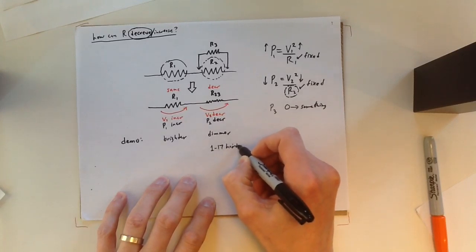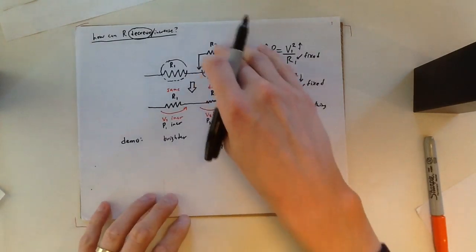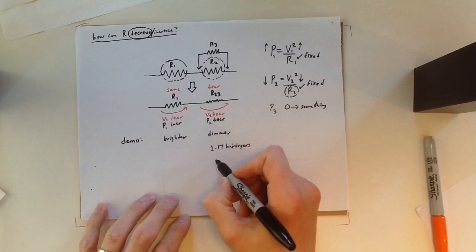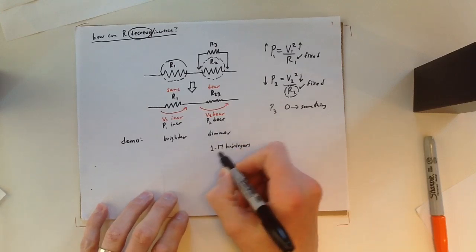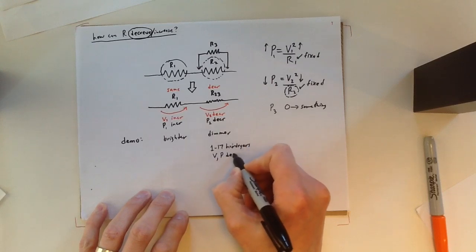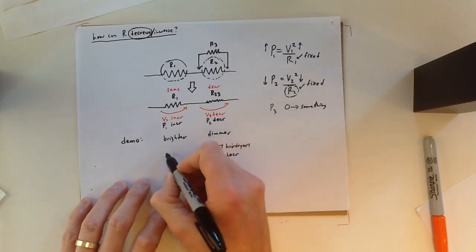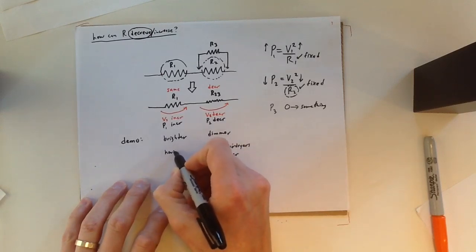You're plugging a bunch of hair dryers into a power strip. They're all in parallel, and what you're going to have here is that this voltage and this power are going to decrease, and then what is it in series with? It's in series with your household wiring.